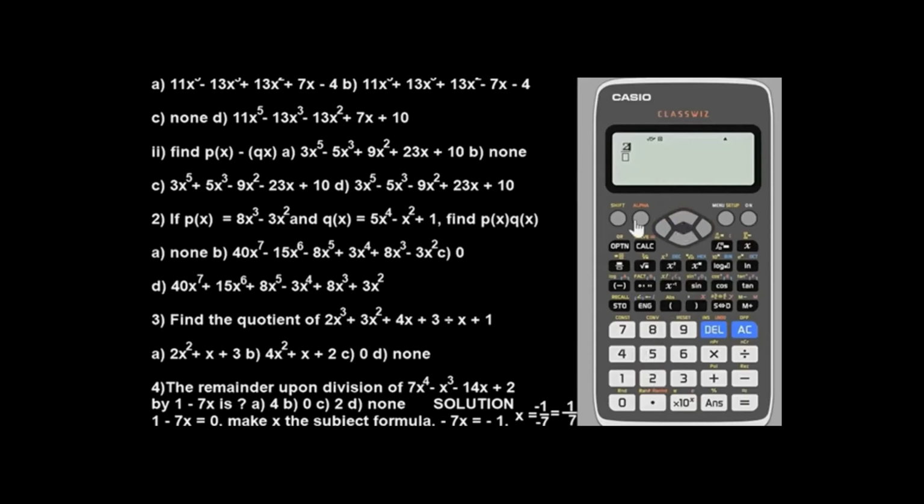So let's input the polynomial for the numerator. We have 2x raised to power 3, plus 3x squared, plus 4x, plus 3.